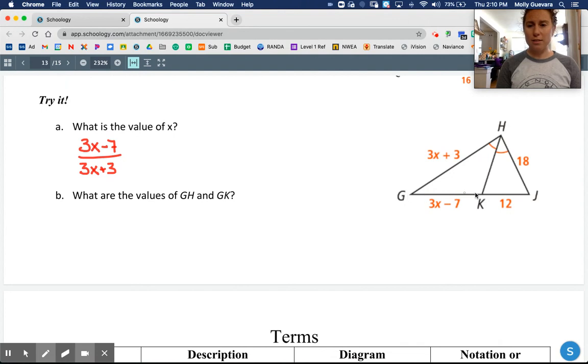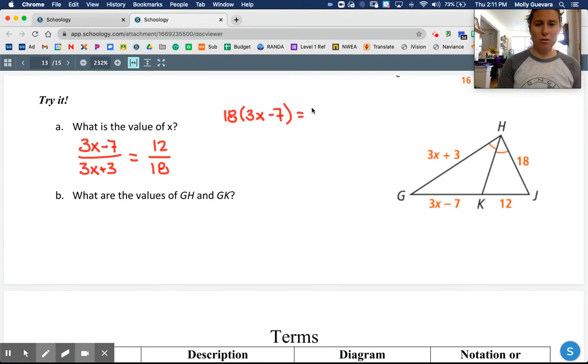So this side, GK over GH, is equal to 12 over 18, which is KJ and HJ. And I'm just going to cross multiply. So I have 18 times 3x minus 7 equals 12 times 3x plus 3.